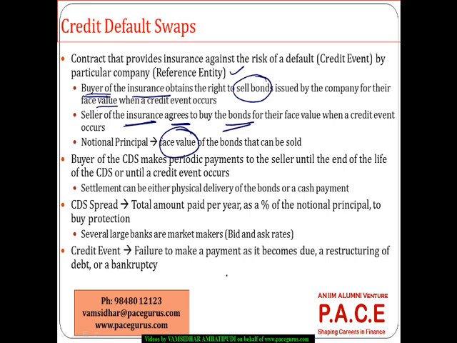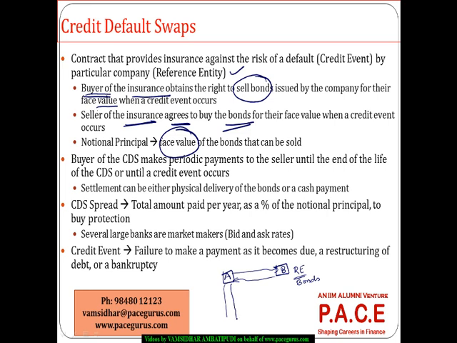Now look at it like this. Let me put A, B. So B is the reference entity who has issued the bonds. A has invested in the bonds of B, so A is subjected to the risk that B can default.